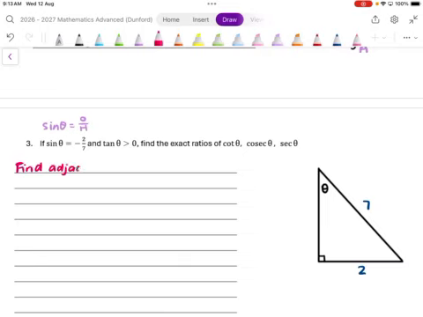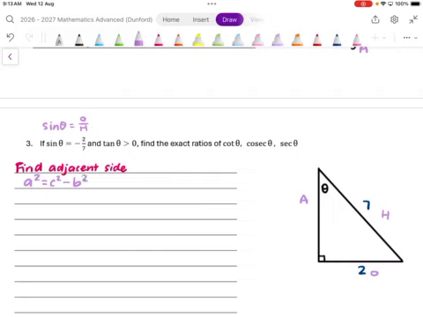So what we need to do on our triangle first is to find the adjacent side. And how we're going to find our adjacent side, if we label our triangle, is we're going to have to use Pythagoras' theorem. Now, are we finding a long side or a short side for Pythagoras? Our short side. So when we're finding our short side, it's a squared equals c squared minus b squared.